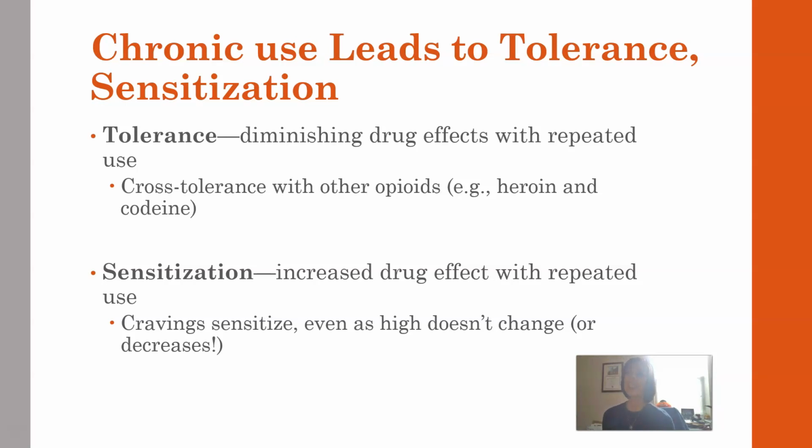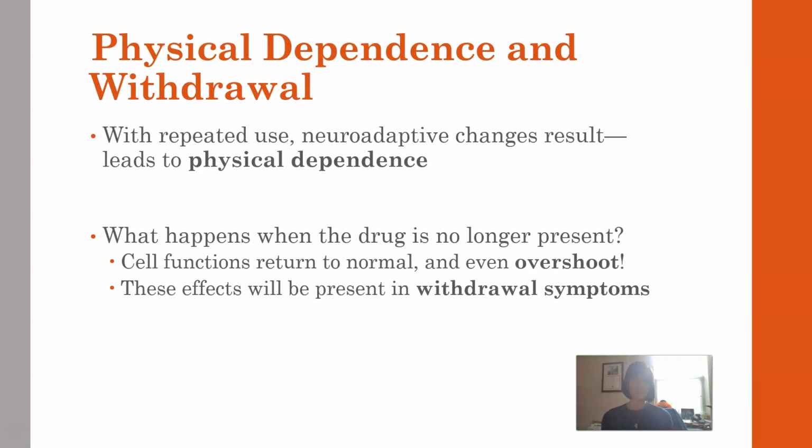The more repeatedly that you take an opioid, the bigger your craving becomes. It increases, even though the more that you take an opioid, the less often you will feel a high. And in some cases, with repeated use, you may not actually feel much of a high at all.